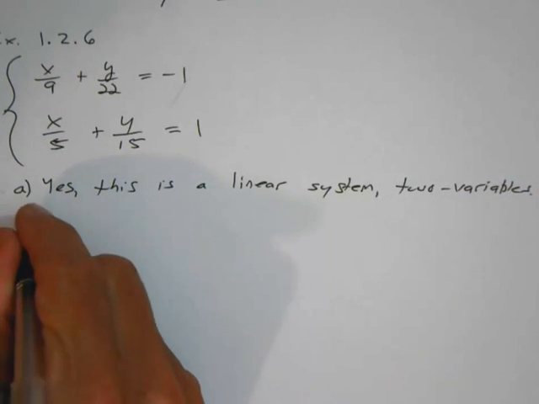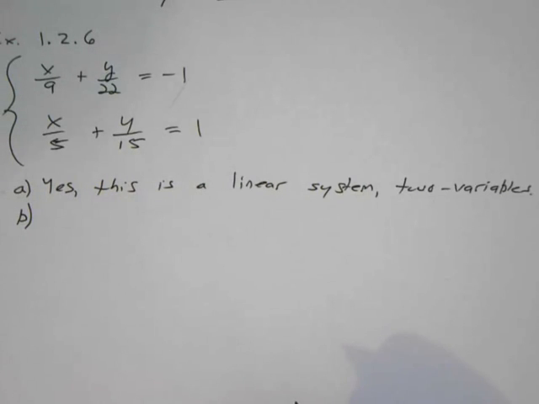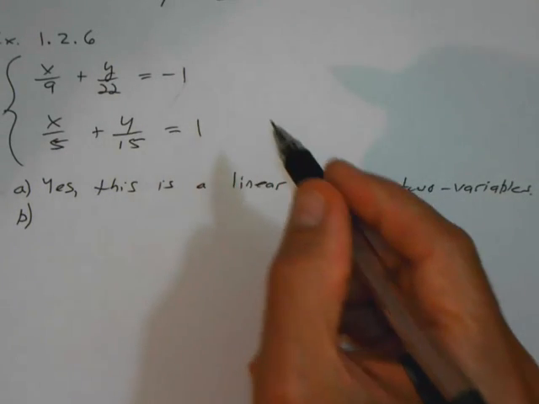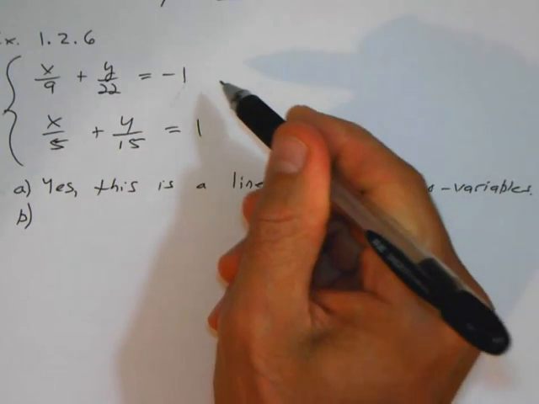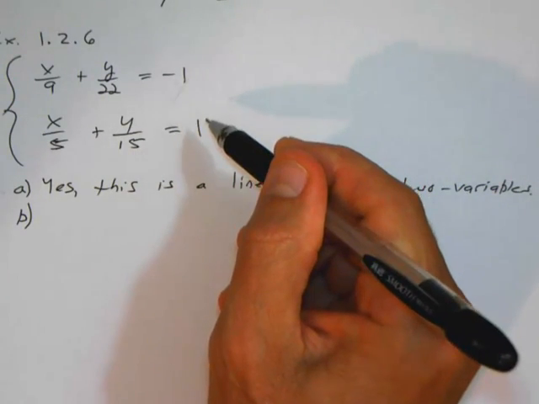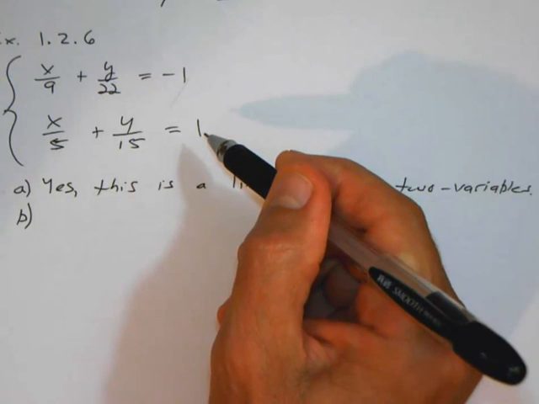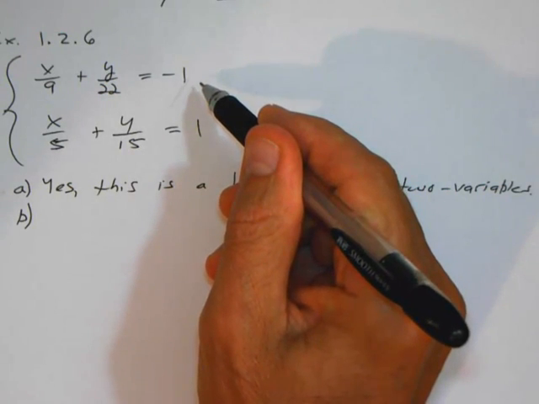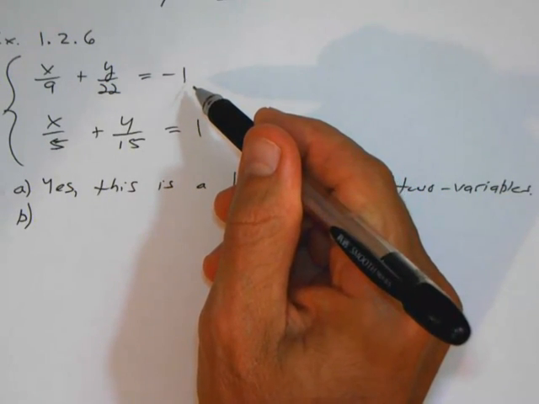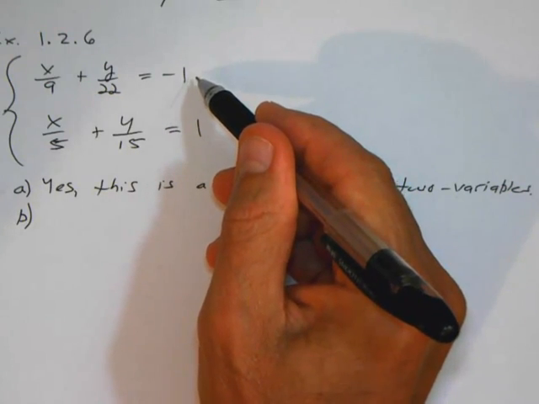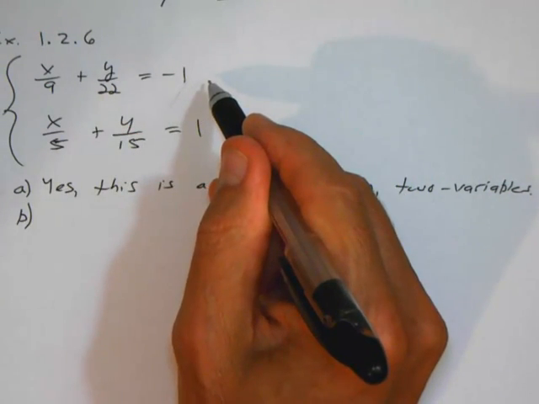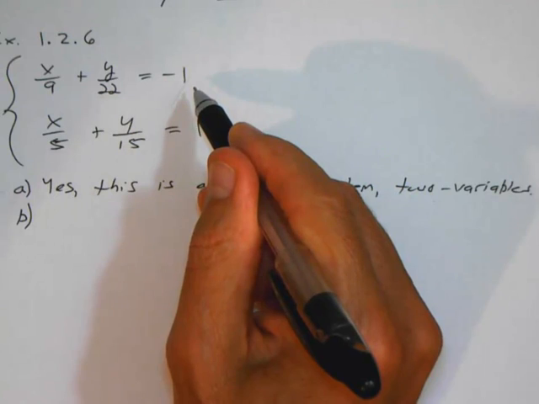Bringing us then to part B, where, since it is a linear system, two variables, we are to solve it with the TI-84 Plus calculator. Okay, to do this, we need to get the graphs of each of these equations in the calculator. We need to solve for y in each case so the calculator can go to work. In the first equation, we could subtract x over 9 from both sides and multiply both sides by 22.